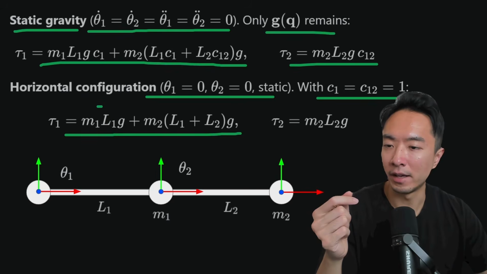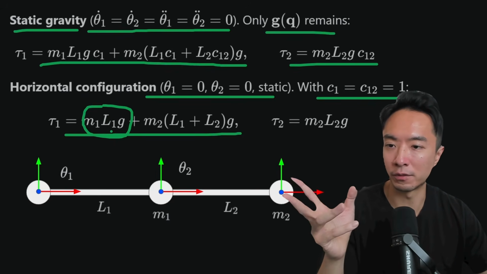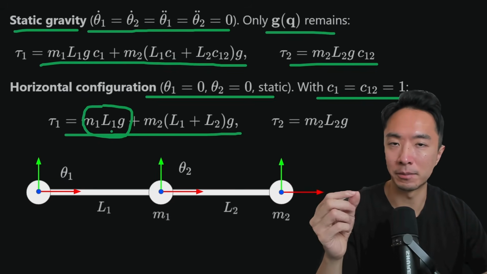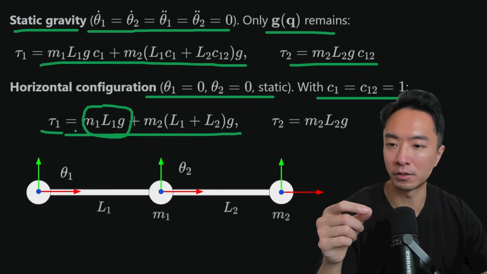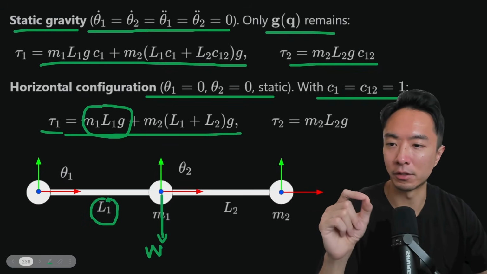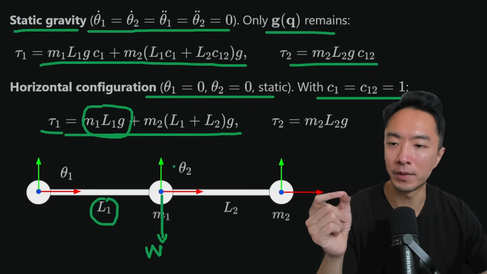So we have m1 L1 g. This is the equation for weight, right? Weight equals mass times g, but this is torque, so you have some distance. So basically this is saying m1 g, your weight vector, times L1. So that part makes sense for tau 1. And then you have a second component here, right?